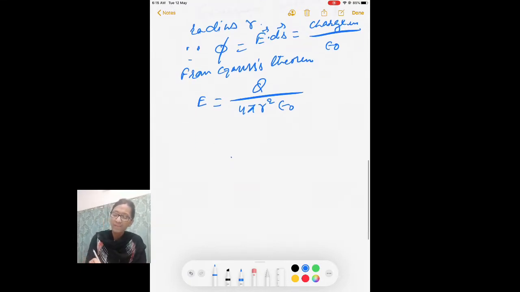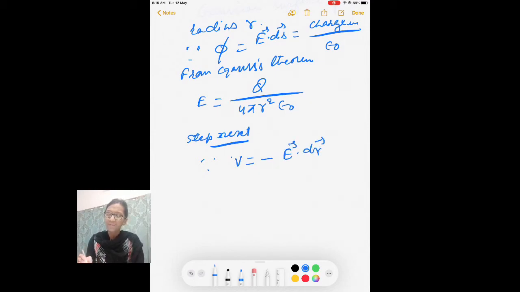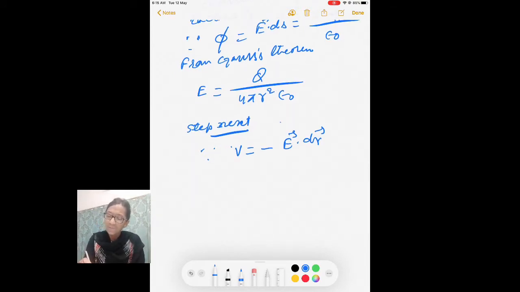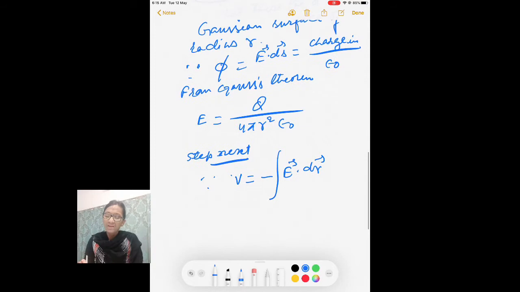Next, since you know the relationship between potential and electric field, potential is equal to minus the integral of E dot dr, and you will be integrating this under proper limits.